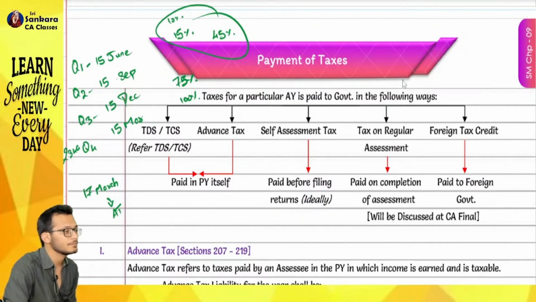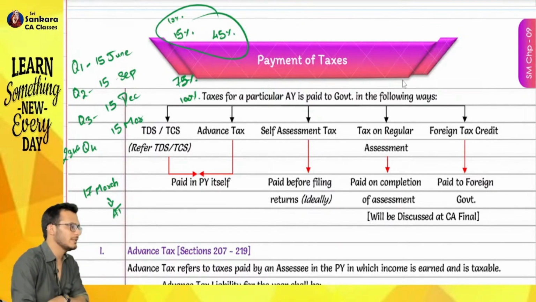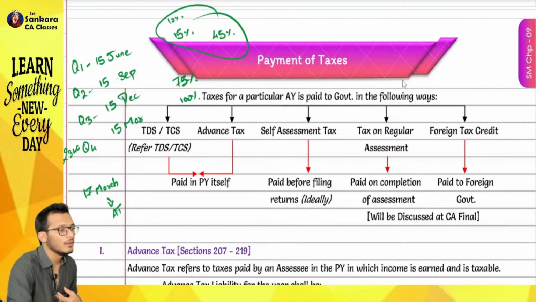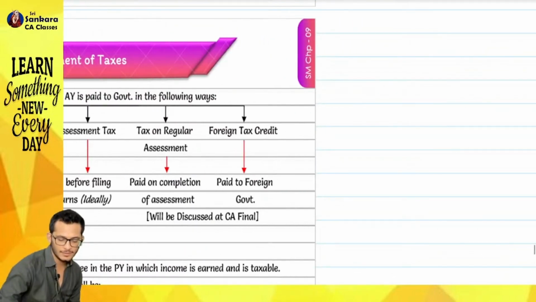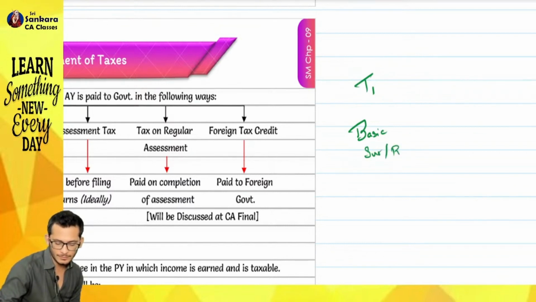Clear? Now the question is, what do you mean by this 10,000 rupees? They say your tax liability, meaning what you need to pay. Very simple: compute your tax. Take your total income and compute tax on it. First basic, then surcharge or rebate, then cess.